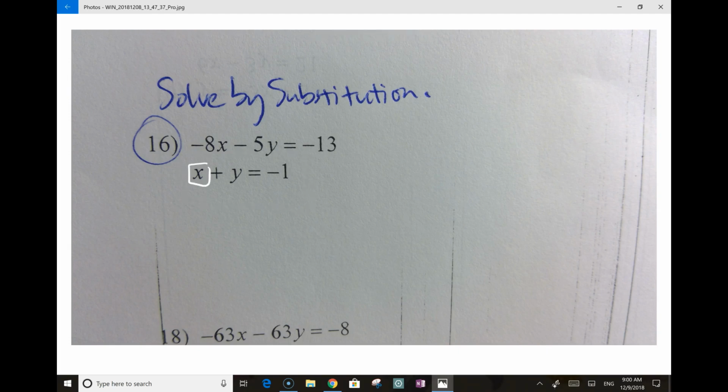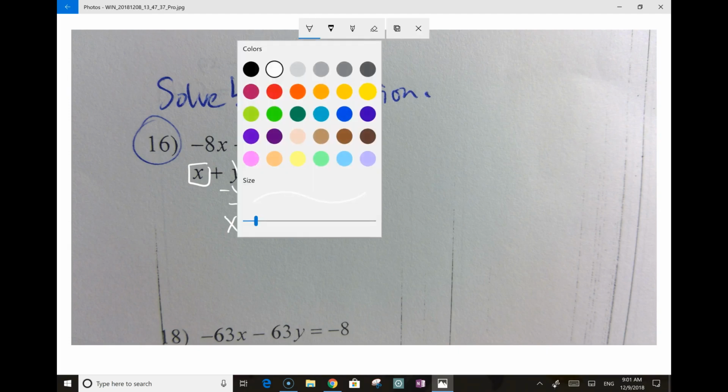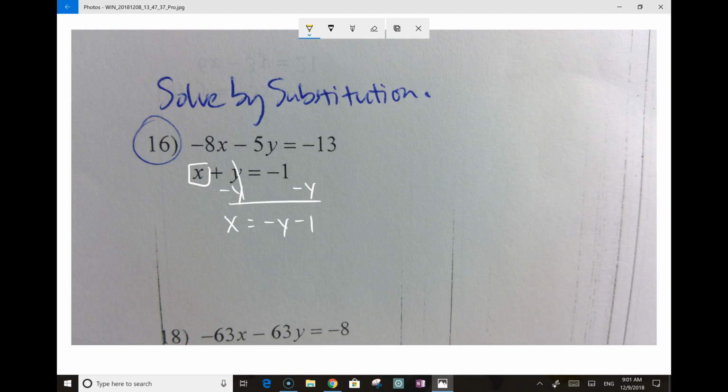And the only reason I'm doing that is because it's first in line. So to isolate the x, I'm going to move the y to the other side, and I get negative y minus 1. The reason you want to do that is because in order to substitute one equation into another, you have to first identify what's going to be replaced.